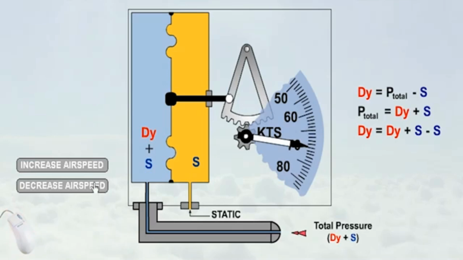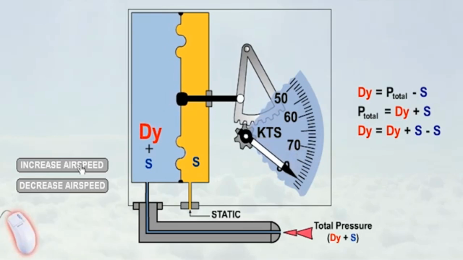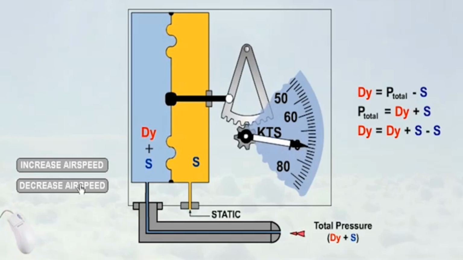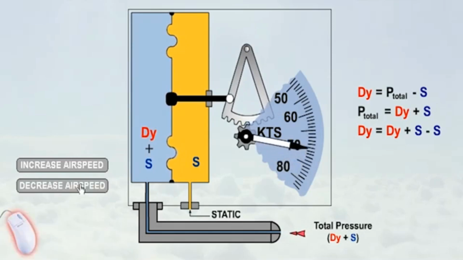Accordingly, the diaphragm is deflected by an amount proportional solely to the dynamic pressure, its movement being transmitted by a system of levers to the indicating needle on the face of the airspeed indicator. Note that static pressure is common to both sides of the diaphragm, and so does not influence diaphragm movement.